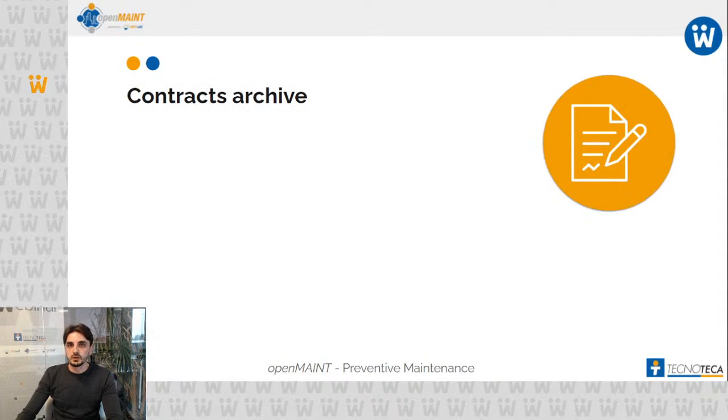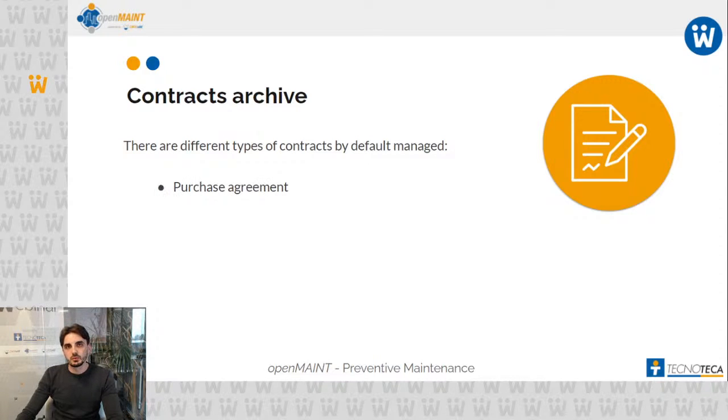We then have the contracts archive, where all the contracts that are handled by our company are stored. Here we have four different types of contracts that I manage by default inside the openMAINT. We have the purchase agreement, which is intended for purchases, so the ownership goes from someone else to me or my company in this case.